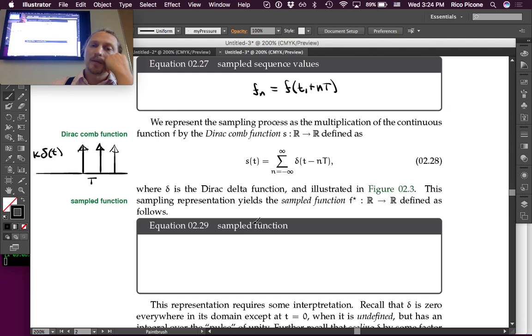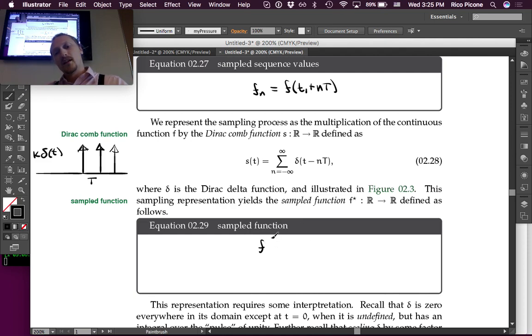So this sampling representation yields the sampled function, which we use f star to denote, defined as follows. I guess I should just try to draw a star.